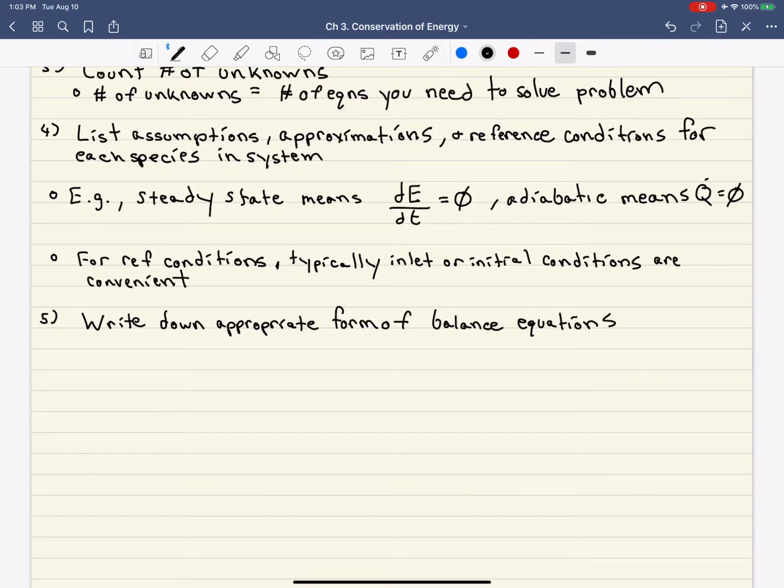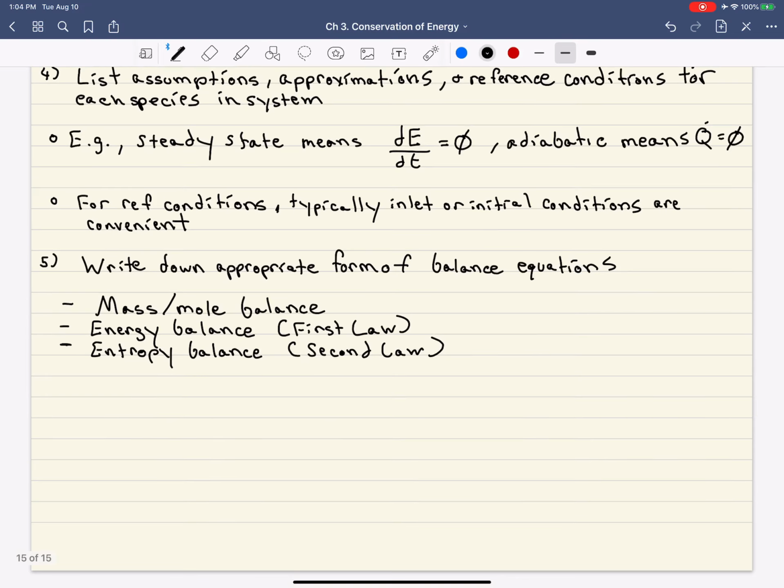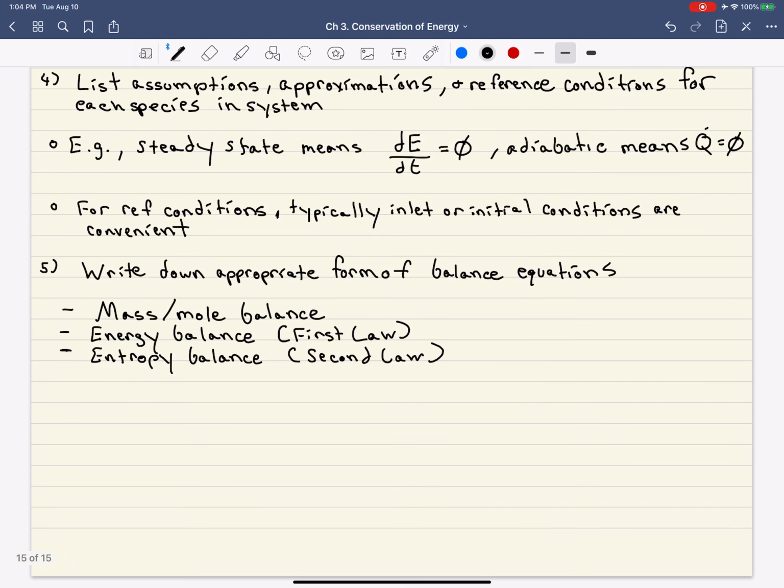Specifically, these include your mass or mole balances, your energy balance, which comes from the first law of thermodynamics, and then in chapter 4, you're going to learn how to develop an entropy balance. This comes from the second law of thermodynamics. So write down all the different forms of your balance equations.